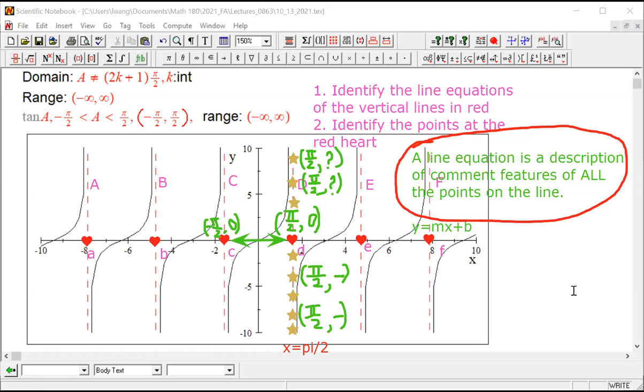So for D it is x equals pi over 2, and we copy the same process for the other ones. Exactly. That's the point, that you go through the same process that I set as an example, and identify all the other points and the other lines. Is that clear, everybody?